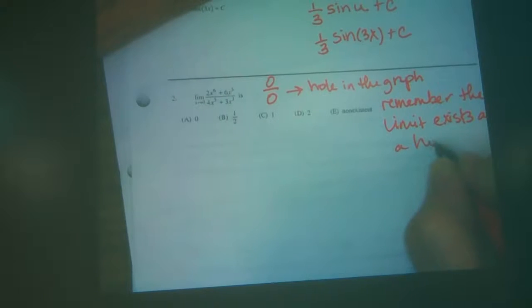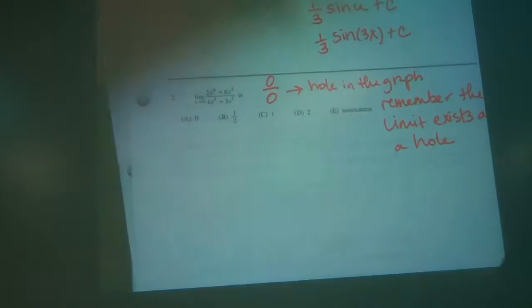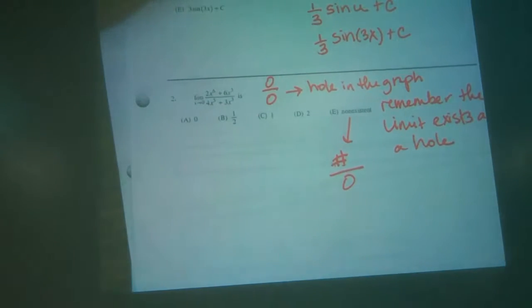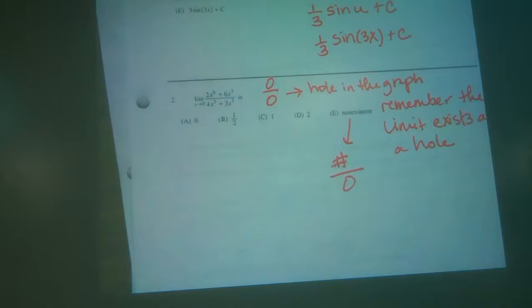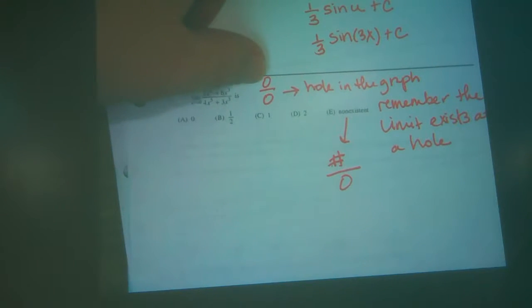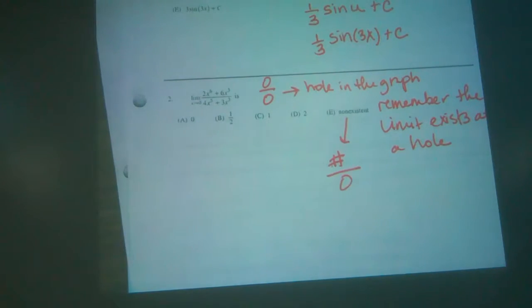I thought it was non-existent. It would be non-existent if we got a number other than 0 over 0, because then there would be a vertical asymptote and the limit wouldn't exist there. Or if we had certain piecewise functions. But for a rational function like this, if we get 0 over 0, there's a hole, and the limit exists at a hole in the graph on a rational function.